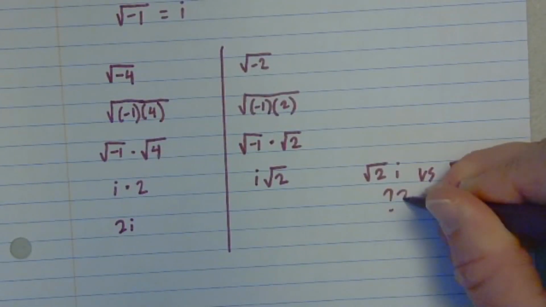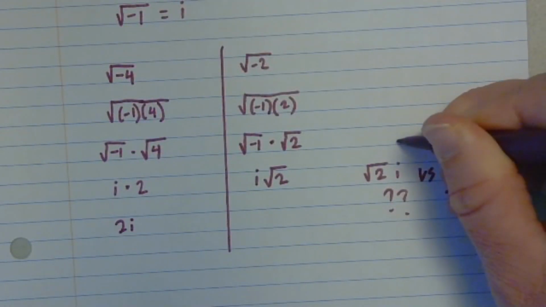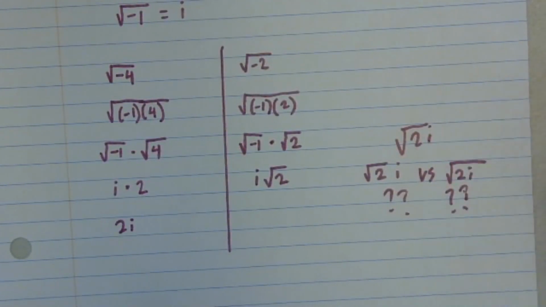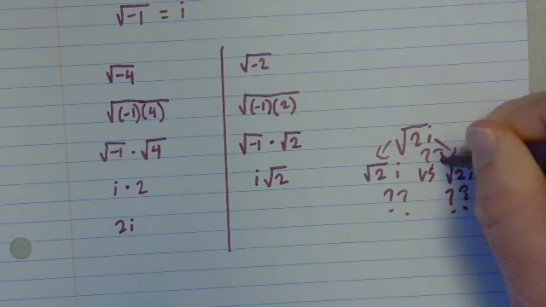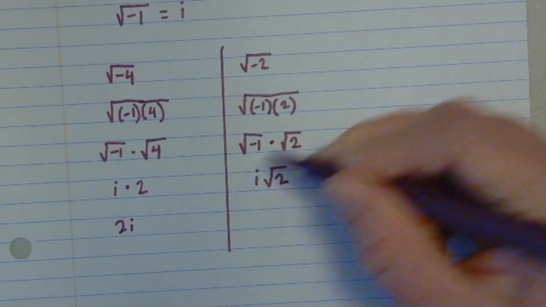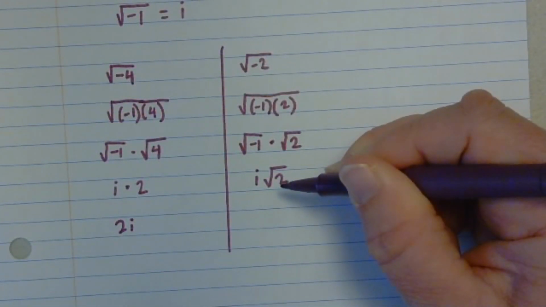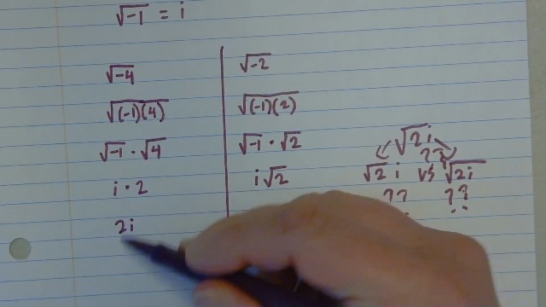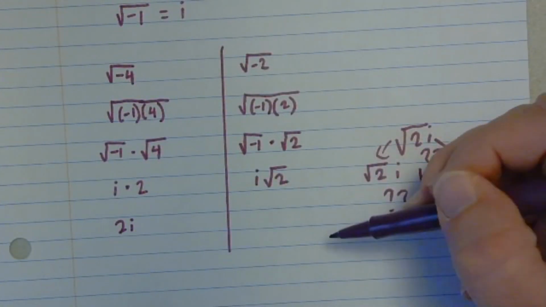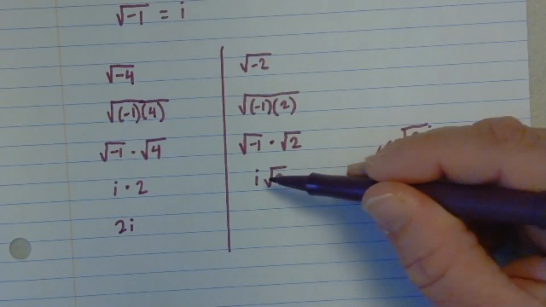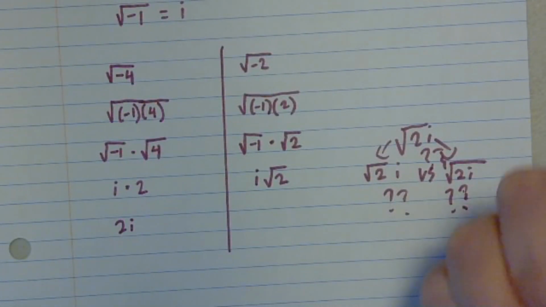Because this is confusing, a lot of times it'll be 2i like that, and you're like, which of these is it? That's why we put it here, because that way it's super clear this is not under the square root and this is. We don't have this problem with a 2, but we do have that problem with a root 2. So that's just a convention that we'll put this in front if there's a square root symbol, and we'll put it after if there is not.